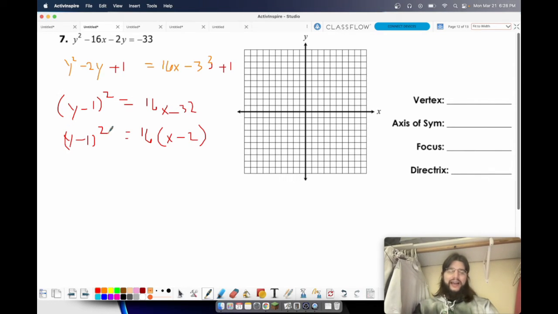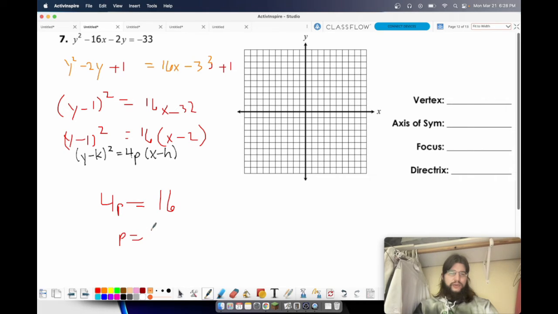Now that it's in standard form, we can use our equation, find out what P is. Wow, okay, yeah. Daydreaming there for a second. P is 4.